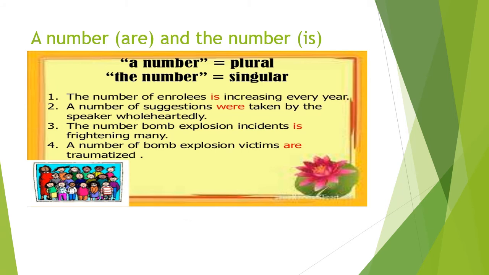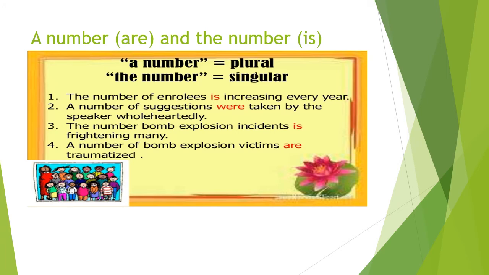A number is always are and the number is always is, because a number is plural and the number is singular. So when you have in a sentence the word a number, you always use are or were or do, and when you have the number, you use is or was or has or does.